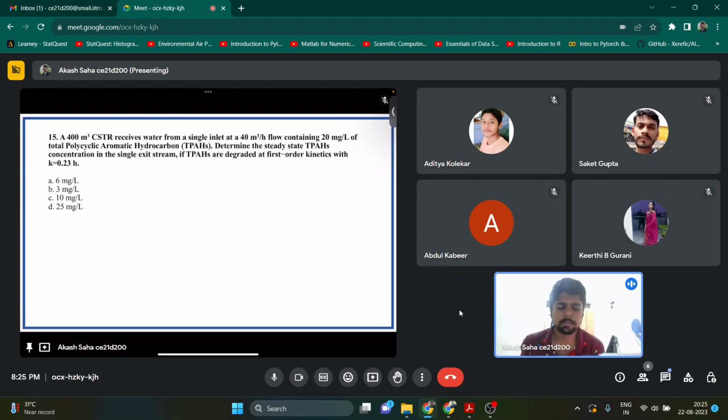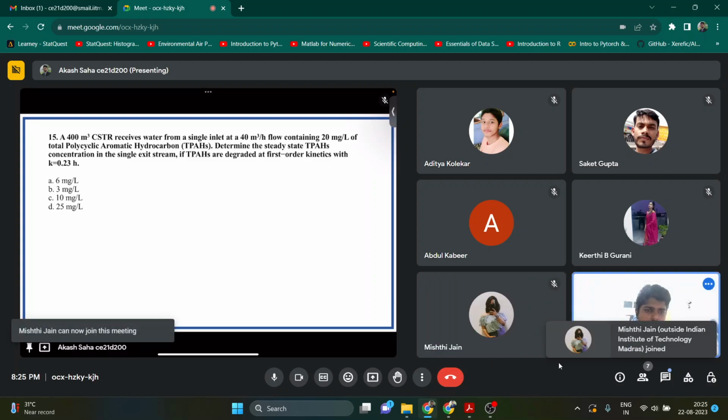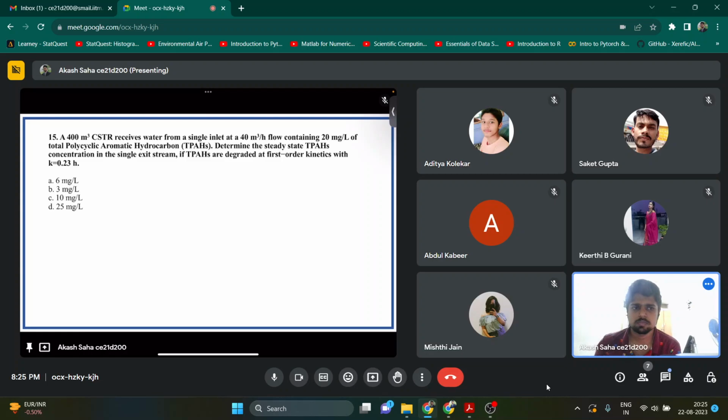So here again the concept of steady state comes. So we will see the solution. We know for any CSTR, the outflow concentration will be equal to the steady state concentration, or the concentration inside.